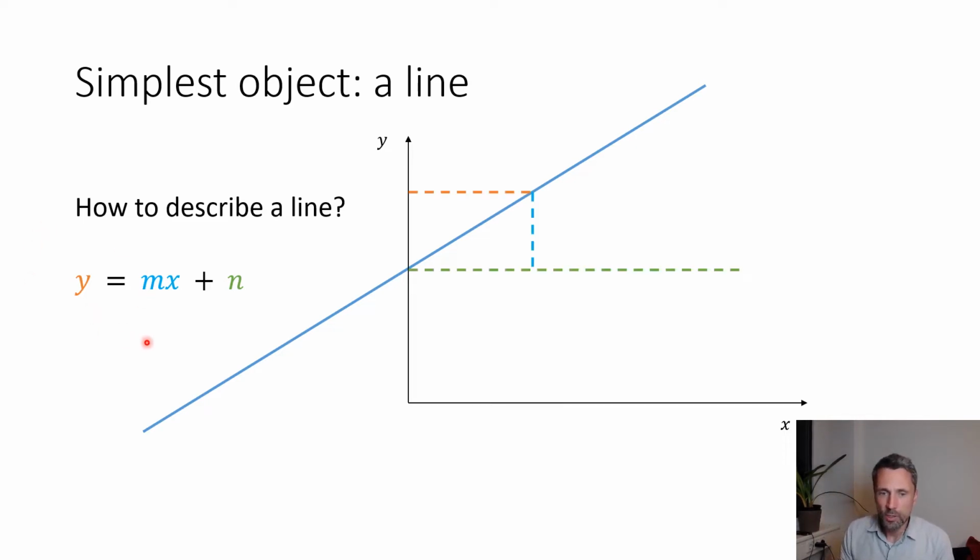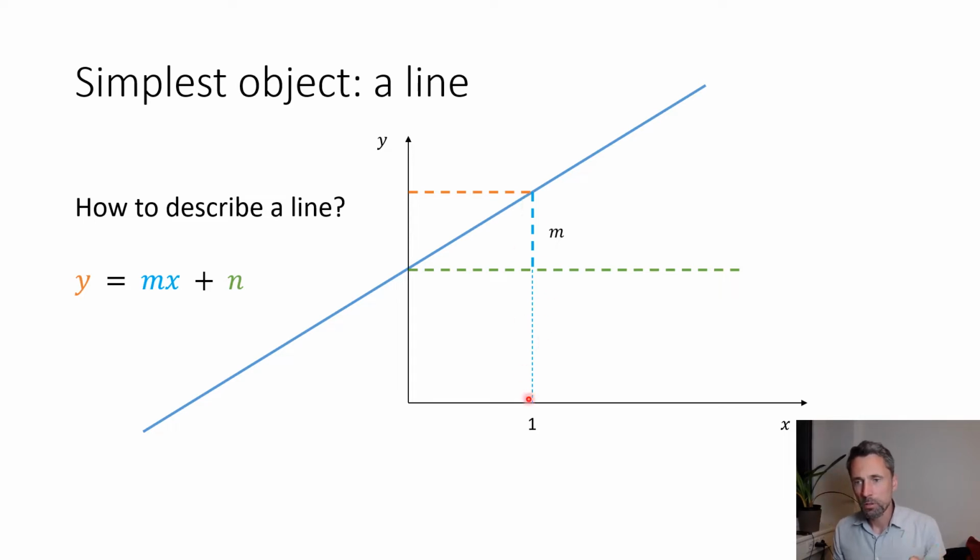So let's just dissect this a little bit. The y value along that line is basically a sum of two parts. One is that constant offset n, and a second part that grows with x, mx, let's say.